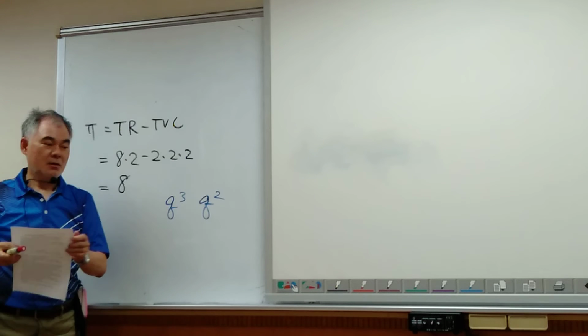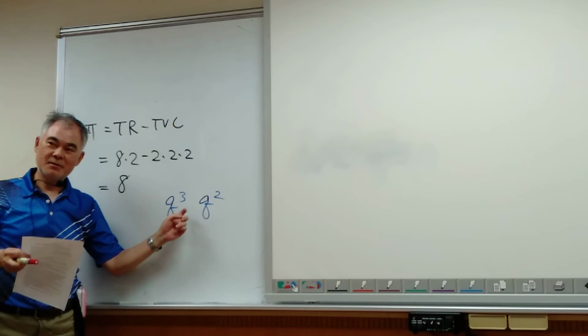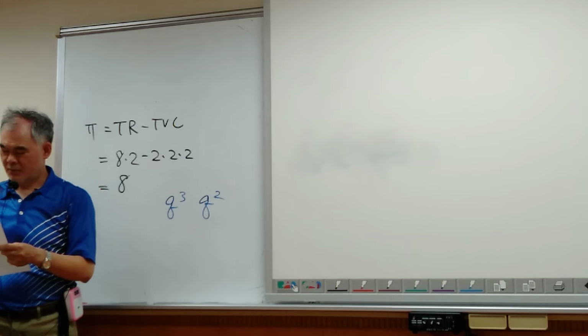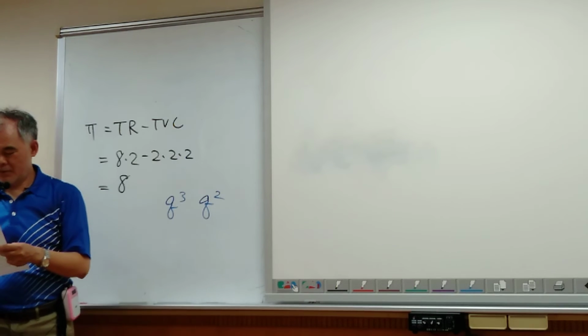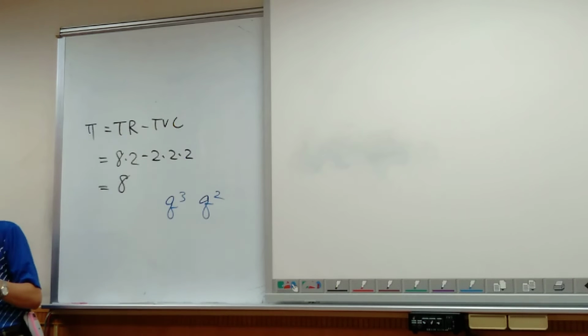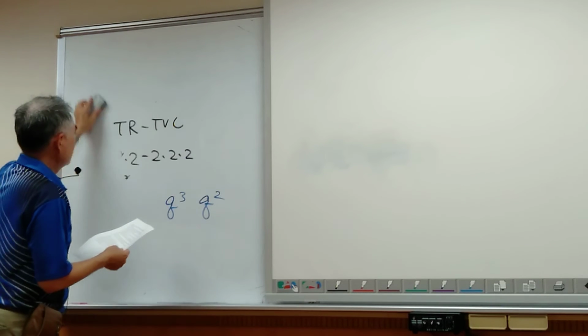Q, then you say Q to the third power, minus 5q squared, right? Plus 45q plus 30. The fixed cost is 30. This one should be very easy, right? And most of you got this right.